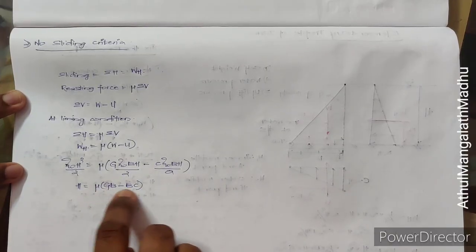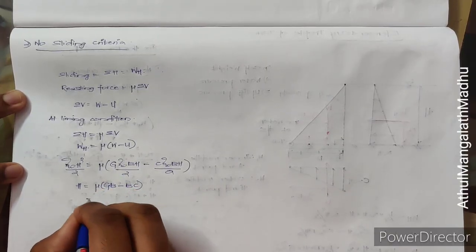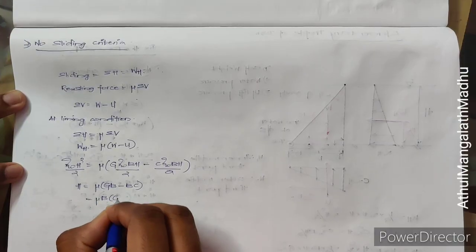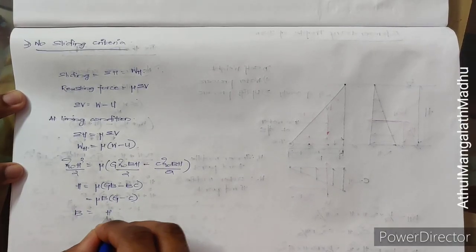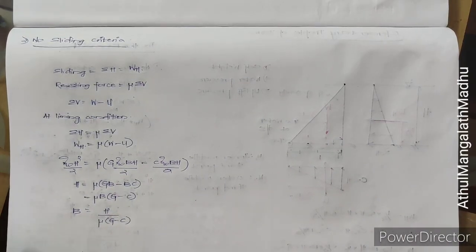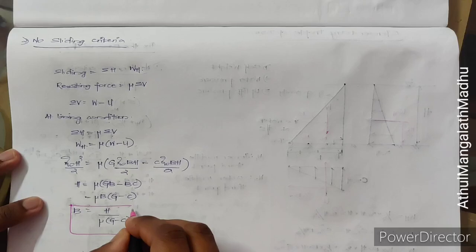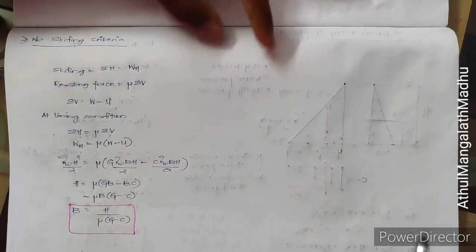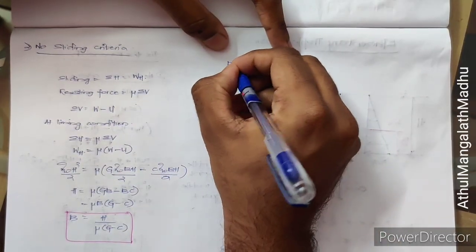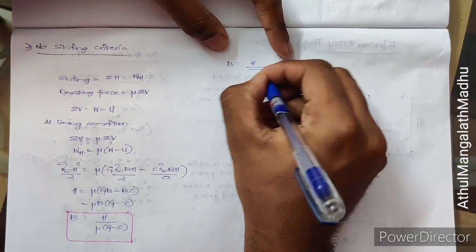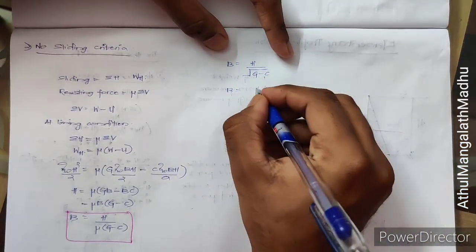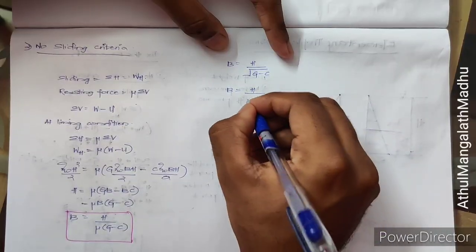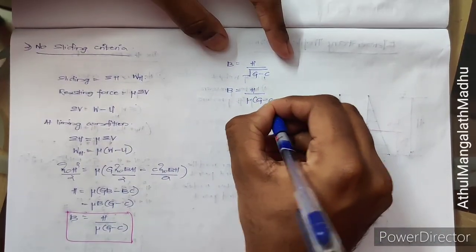Always I'm saying that your aim is to find the value for b, so take b outside, so it is b into g minus c, or rather I can say b is equal to h by mu into g minus c. So this is the equation that you are getting. For the no tension criteria, you get base width is equal to h by root of g minus c, and for the no sliding criteria you get b is equal to h by mu into g minus c.